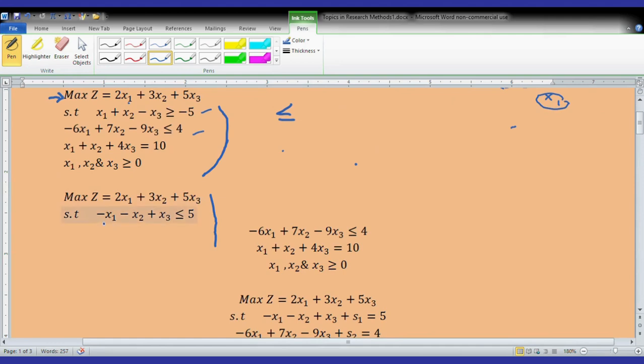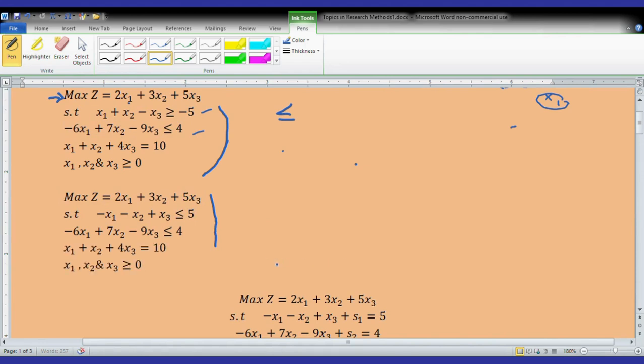But see that the first equation has been multiplied by minus 1, and so this inequality, which was read as equal to or greater than the right hand side, now becomes equal to or less than the right hand side. The rest of the equations are the same, nothing changing here.